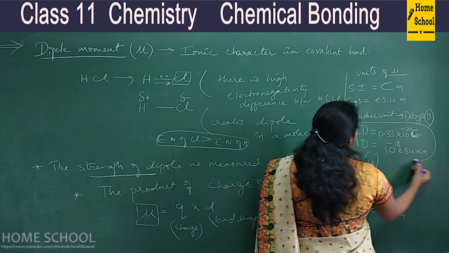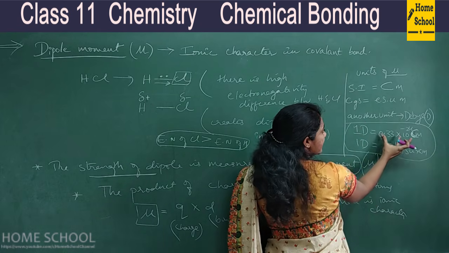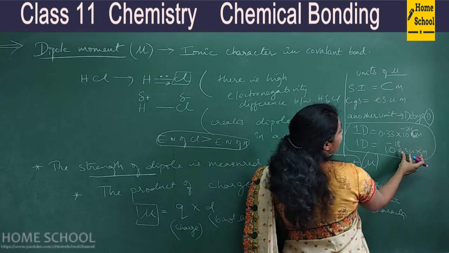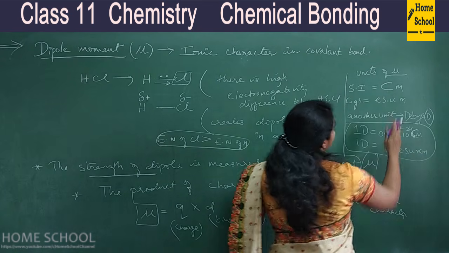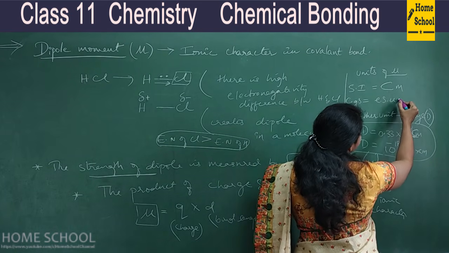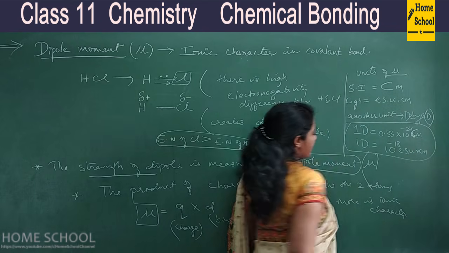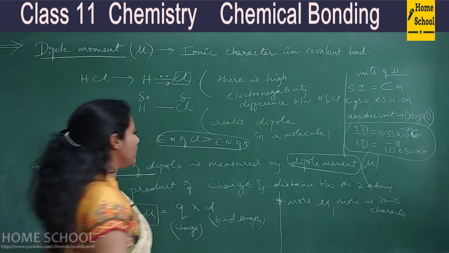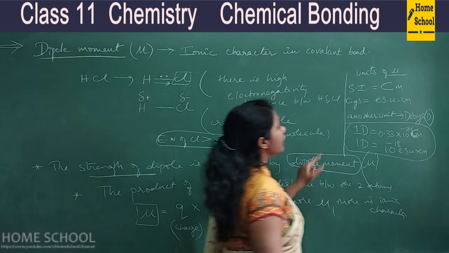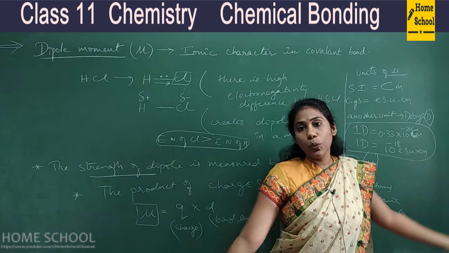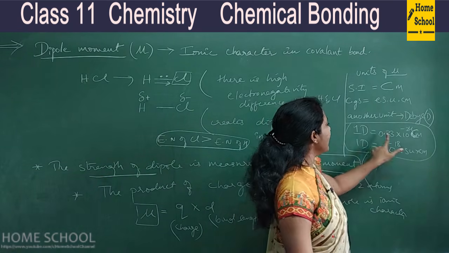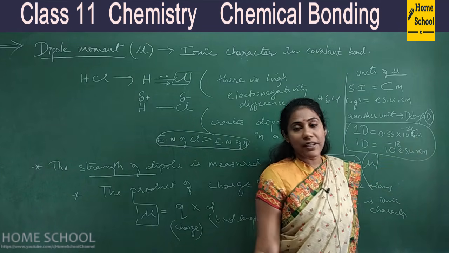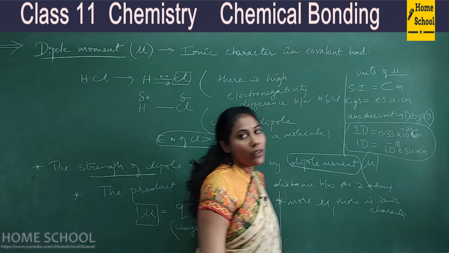Sorry, here it should be centimeter, in the CGS system. So these are the units of dipole moment. The most important unit is debye. Debye is just a unit. So 1 debye is this much in coulomb meter and this much in ESU centimeter.